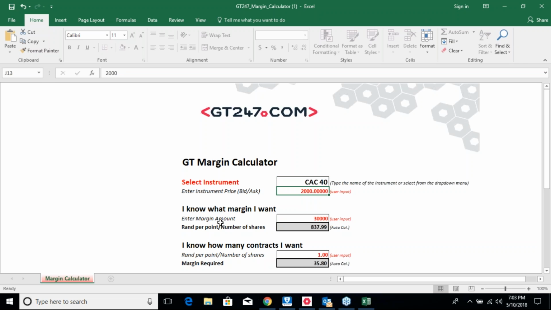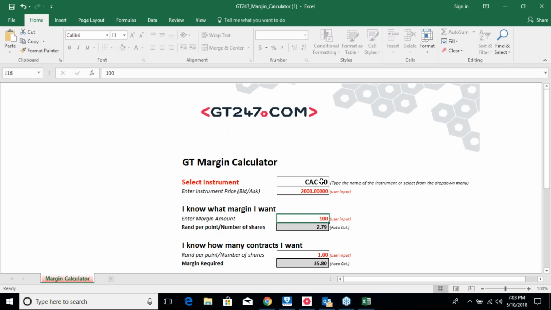Whatever the current price is, and let's say you want to go in, you have a 500 Rand account, you only want to risk a margin of 100 Rands, you put 100 in, and then you know what your volume is going to be. So it's going to be 2.8. That's going to be the volume. Or if you were going in at 1 Rand a point for your CAC, if the price was at 2,000, your margin required is 35 Rands and 80 cents.